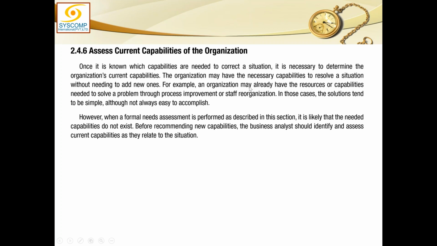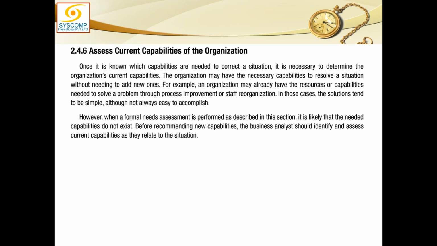For example, an organization may already have the resources or capabilities needed to solve a problem through process improvement or staff reorganization. A simple case would be that there is more staff in a department than is needed there, and that can be directed to this department and they can solve the problem.